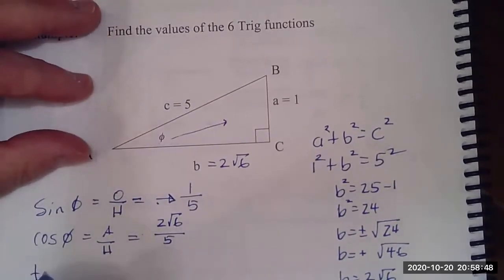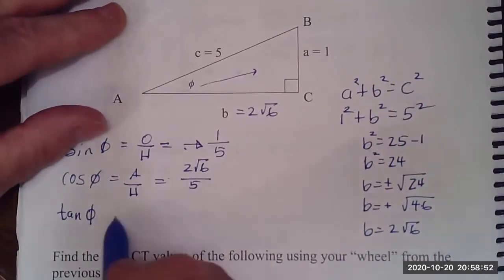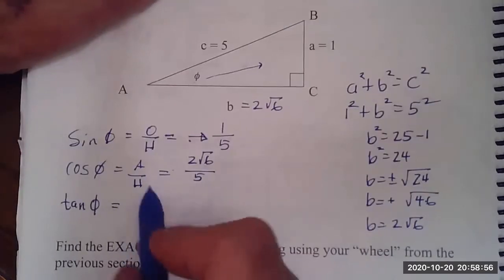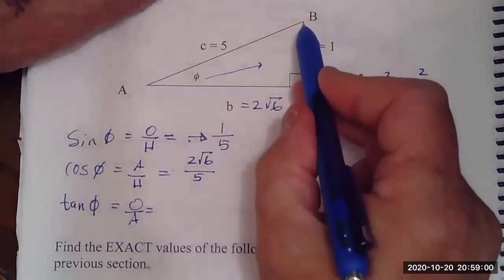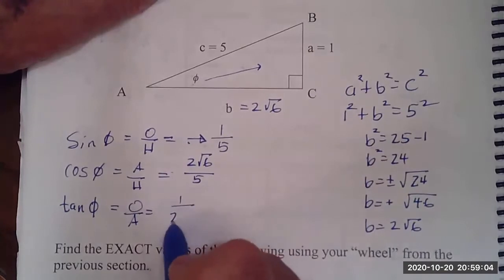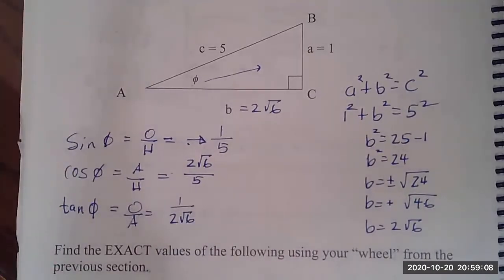And then tangent of phi. That would be opposite over adjacent, so opposite is 1 over adjacent, which is 2 root 6. Now, when you write it this way, most textbooks are going to want you to rationalize the denominator.